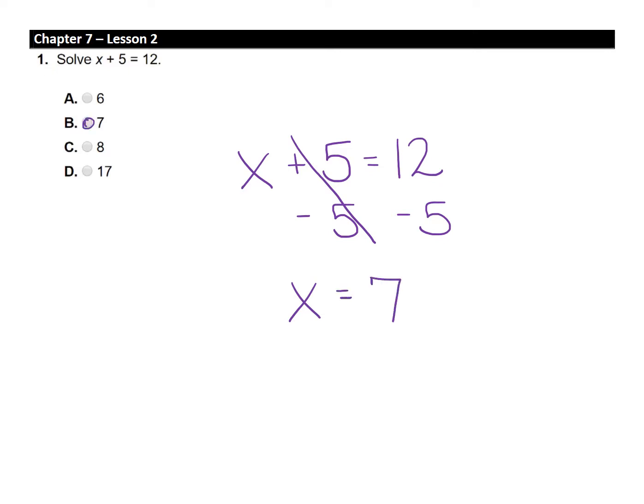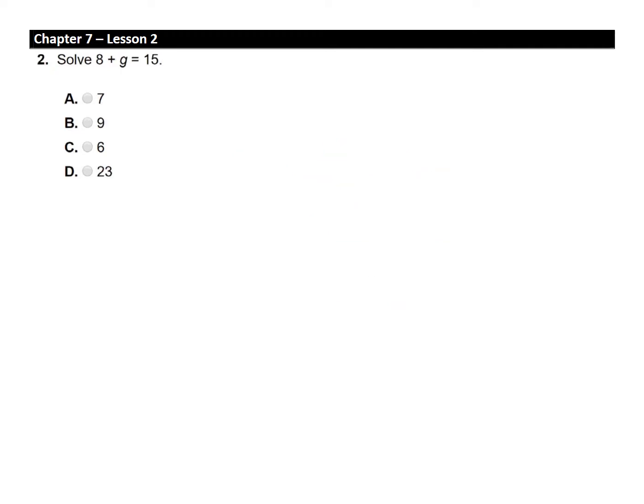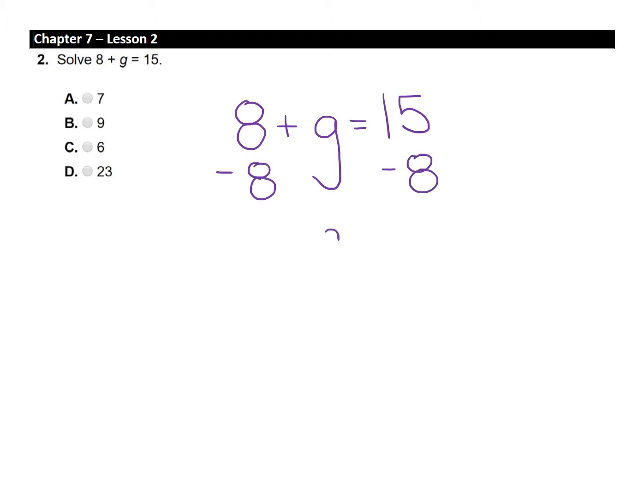Answer choice B. Question number 2. 8 plus g equals 15. I can subtract 8 from both sides, and g equals 7.